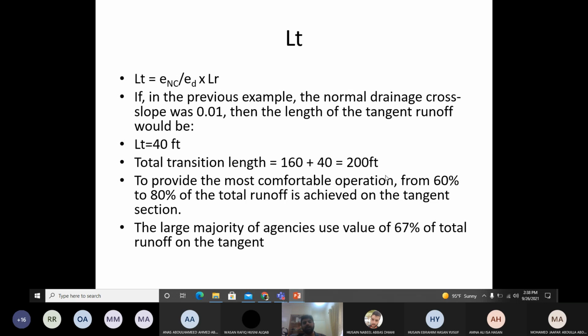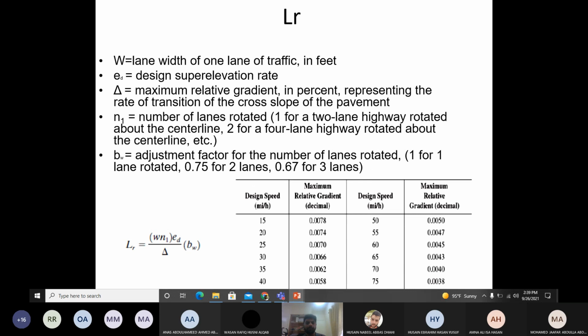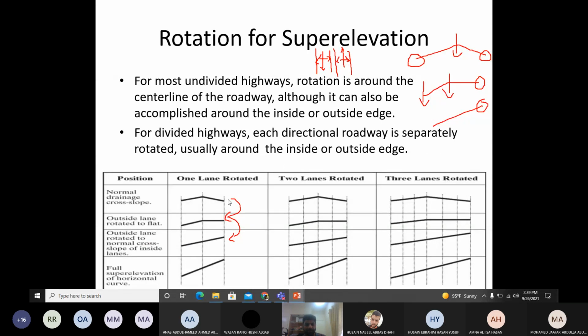When you are at the start of the circular curve, your tangent runoff has already happened, and you are very close to the full slope. The cross slope of the road is very close to this, because most of these stages have already happened. 60 to 80% of this whole process already happened on the tangent. 60 to 80% is the normal range, and the most commonly used value is 67%.